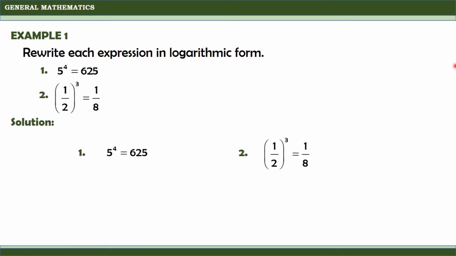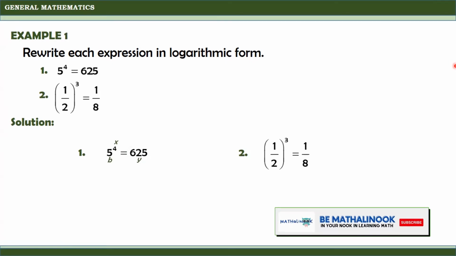For the first given, 5 raised to 4 equals 625, notice that the base is 5, the exponent is 4, and the power is 625. With this, it follows that b is 5, x is 4, and y is 625.